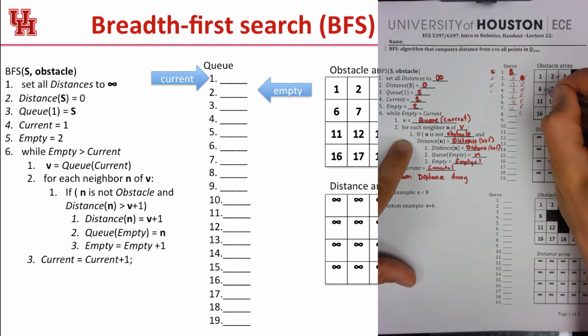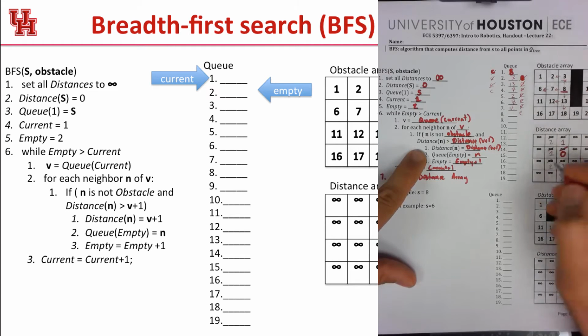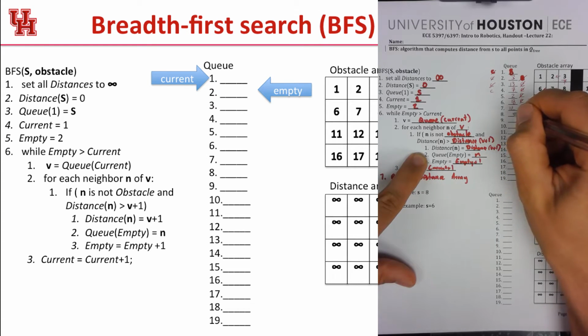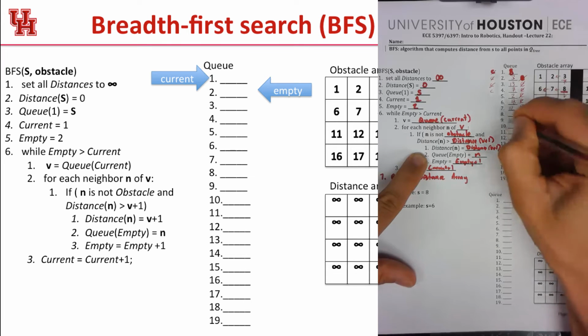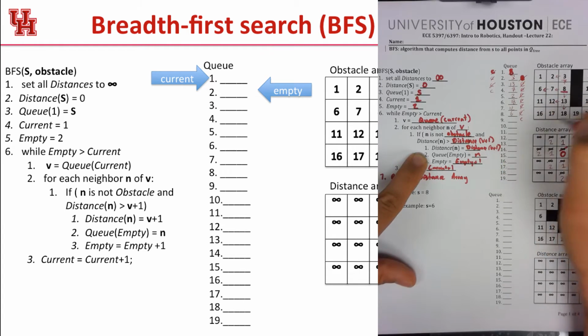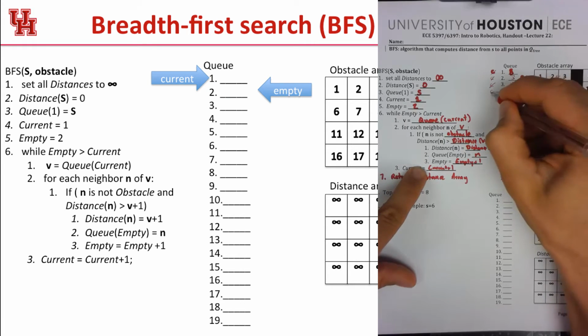So we're going to go to 6 from here. And we're going to say that its distance is going to be 2. Its q value, I'm going to add 6 here, increment empty, and there are no other neighbors for this. And so I can increment my current pointer.